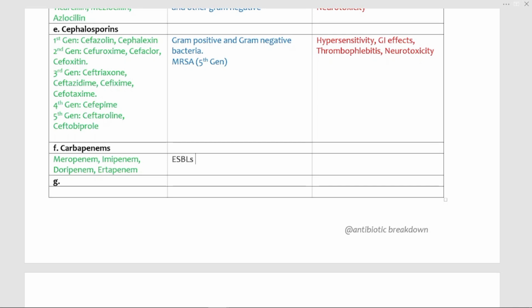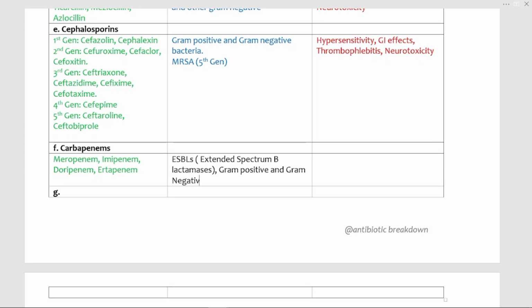This stands for extended spectrum beta-lactamases. They're very good when dealing with ESBLs. They're also good against gram-positive and gram-negative. So those are the indications when it comes to using carbapenems.